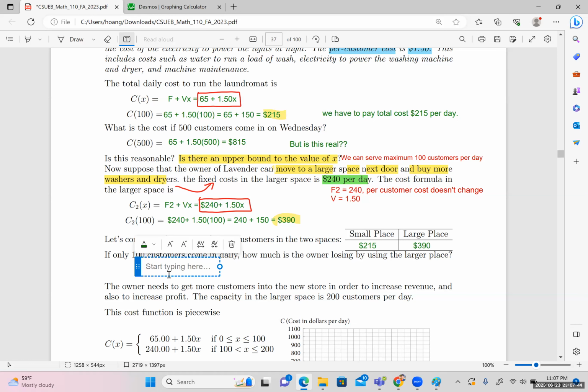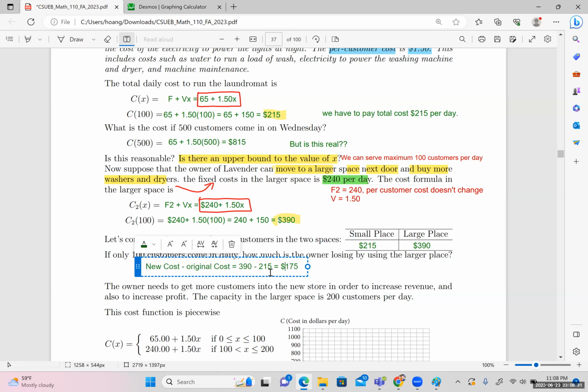You can use the new cost, subtract the original cost, which is $390 minus $215, and that will be $175.